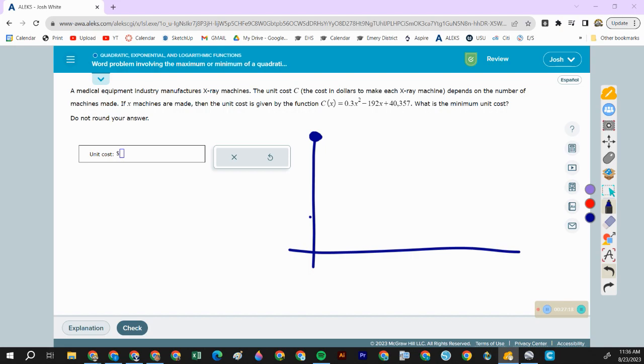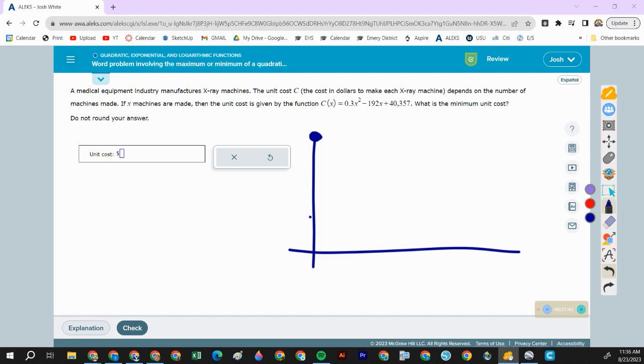The cost is going to go way down because you've already paid for the building and the workers and the tools and the materials. All you have to do is just buy, I guess not all the materials, buy a little bit more materials and pay a little bit extra to have somebody build it, right? So the cost of every single X-ray machine goes down the more you make.